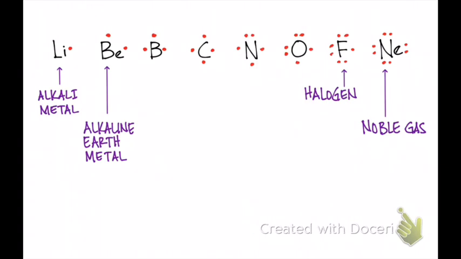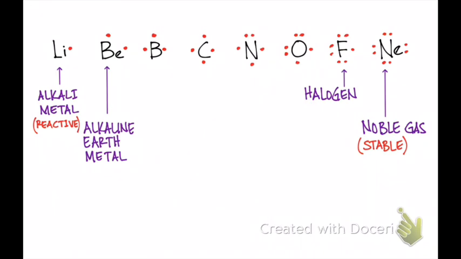In chapter 2, I believe, you learned that Mendeleev and Moseley basically arranged the elements in the periodic table so that elements with the same physical and chemical properties would fall in the same column or same group. The alkali metals are the most reactive metals in the periodic table. Alkaline earth metals are semi-reactive, whereas the halogens are the most reactive non-metals. And the noble gases are the most stable elements in the periodic table because they are unreactive.